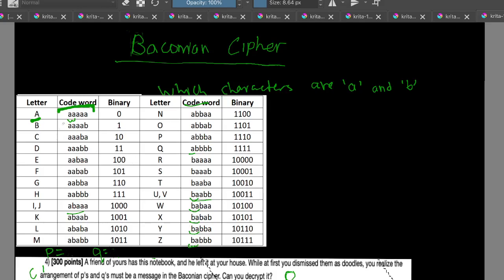There's a double A, but for the B's, there's only a B followed by an A. So whenever you see 2 characters of the same category, they can't be B and they have to be A, because you can never have a repeating B consecutive at the start, but you can have a repeating A consecutive at the start.